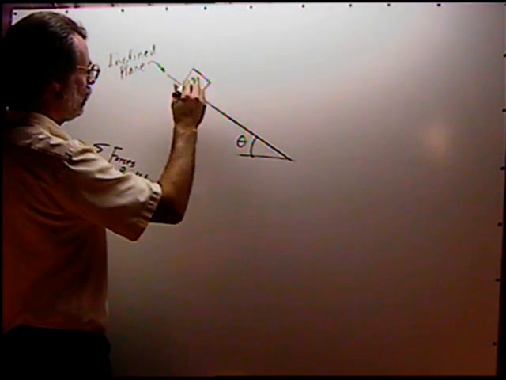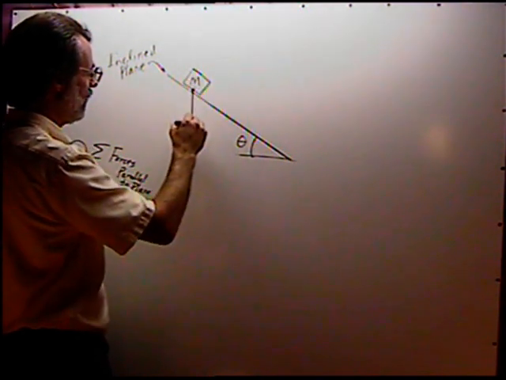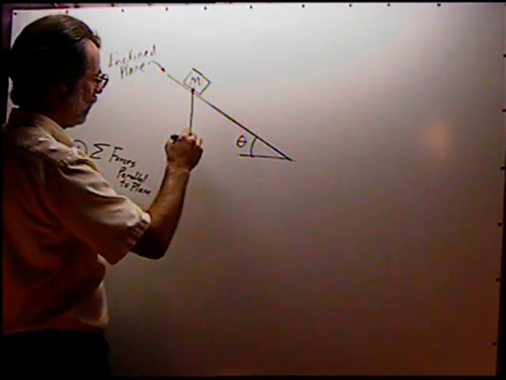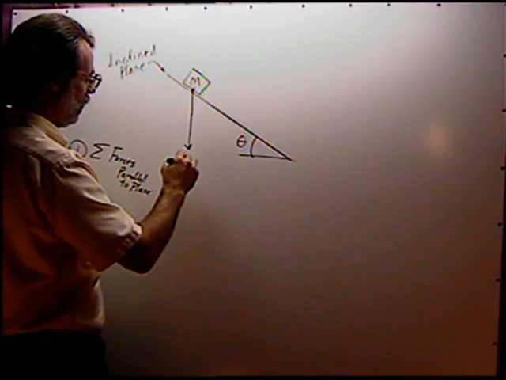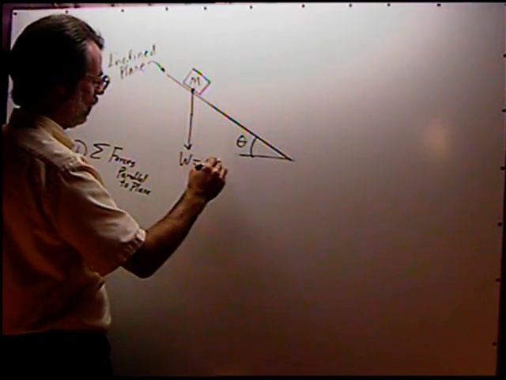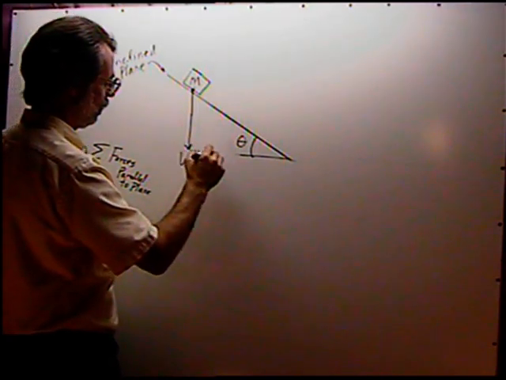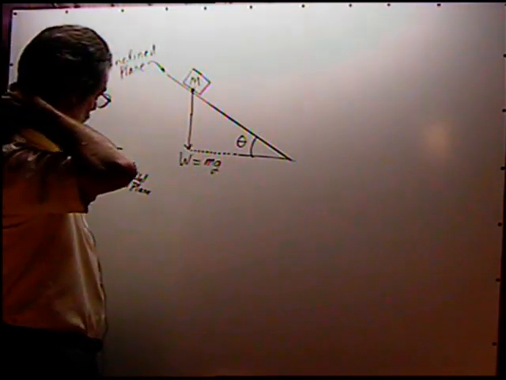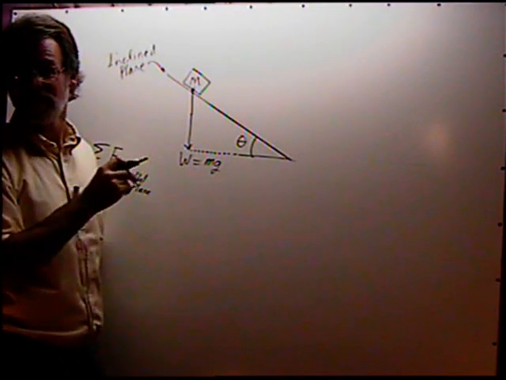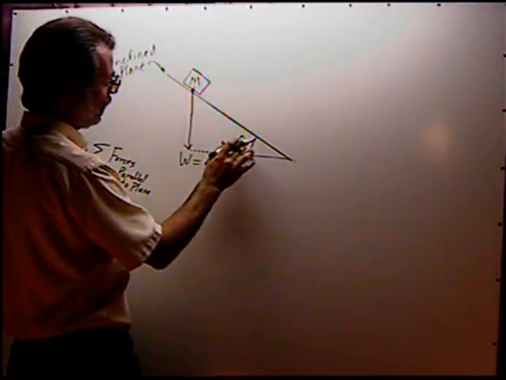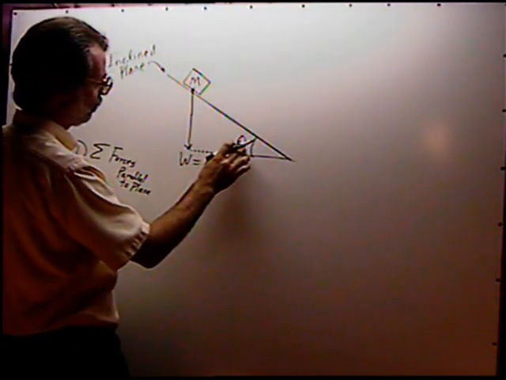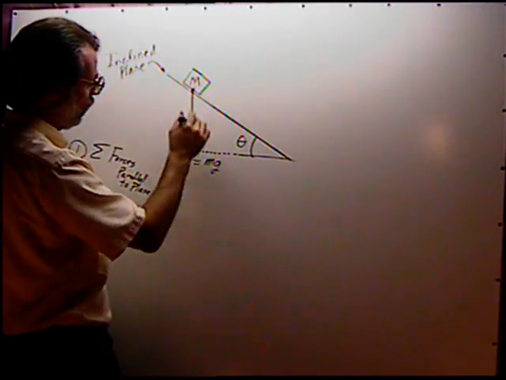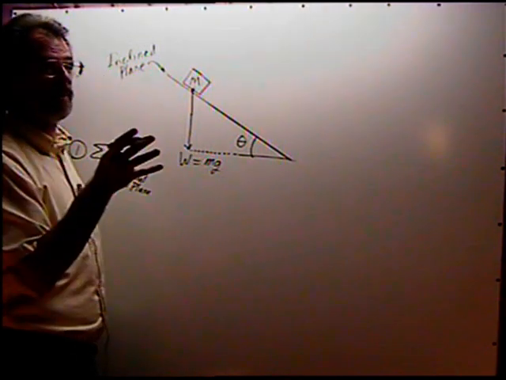I'm going to say that the weight is right here, and the weight acts down. I'm going to put the weight all the way coming down this way. This is the weight. Okay, now, if this angle here is theta, what we're going to do is break this weight up into two dimensions.